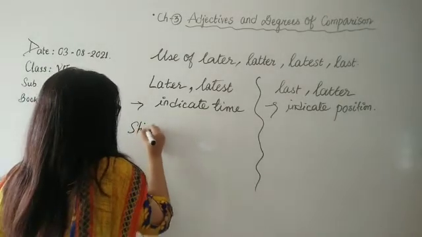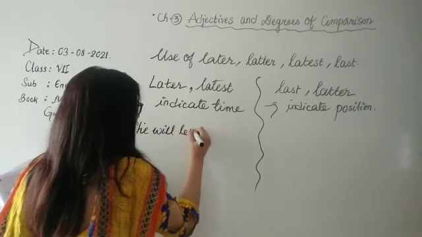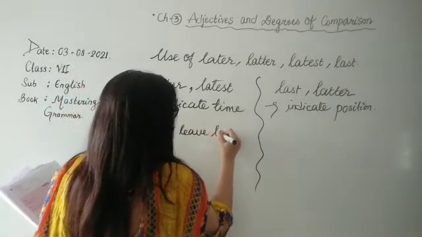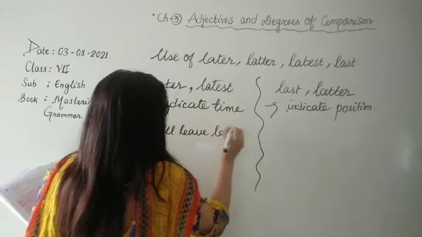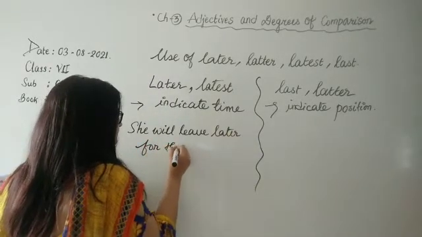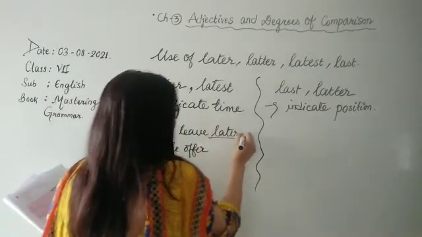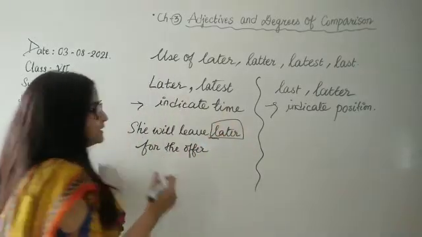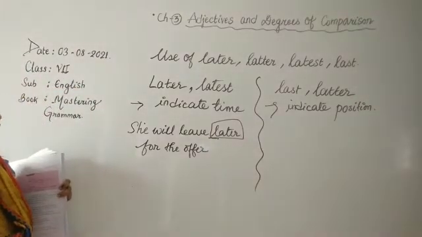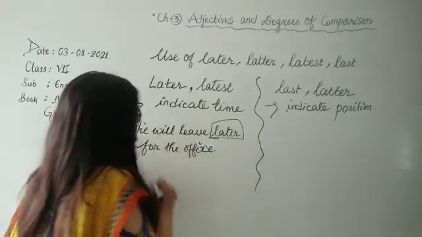Now let's go through some examples. She will leave later for the office. Yes, you can see that we are talking about time here. That means she will delay her leaving for the office. So, office, not offer, office.